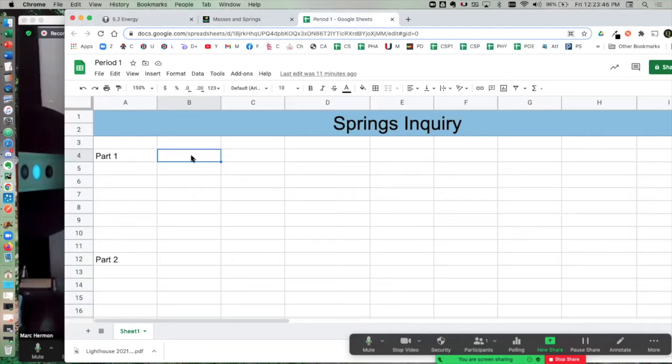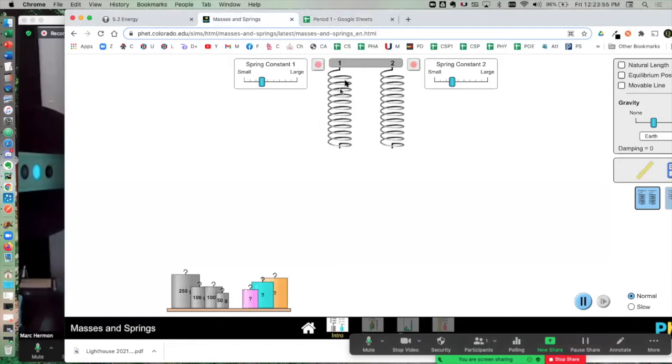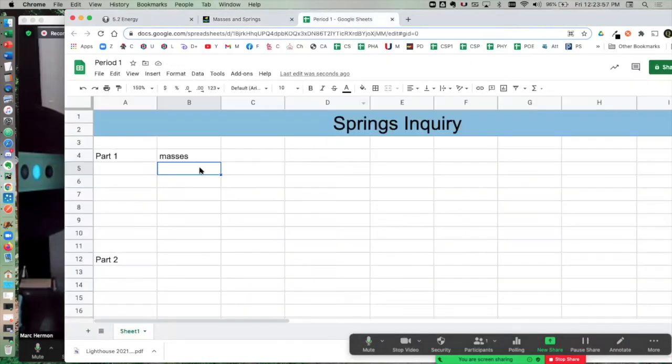So I have some masses. I'm going to type in some masses here. I have a 50, a 100, and a 250. So I'm going to do 50, 100, and 250. Okay, I'm just going to go ahead and put those in there right away because I want to show you, or remind you of, some things.